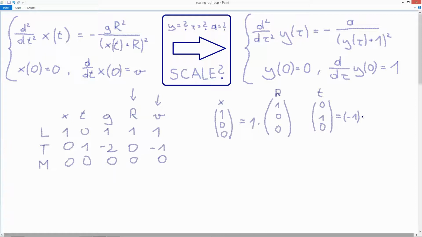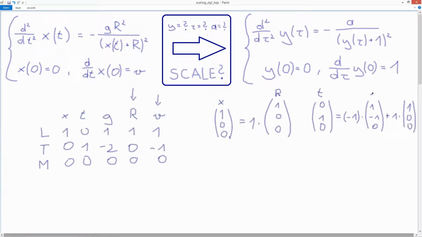times 1, minus 1, 0 plus 1 times 1, 0, 0.